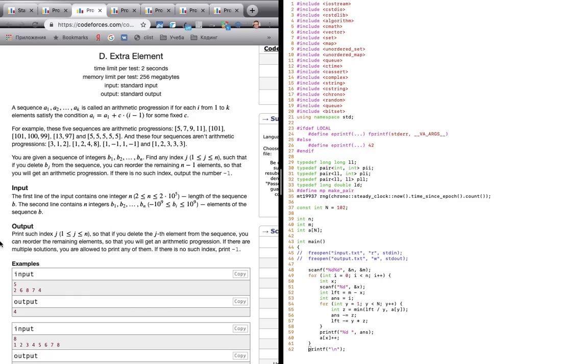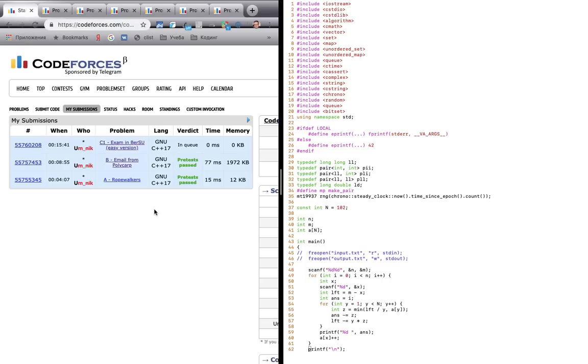We can calculate all the differences beforehand, and then when we remove one element, we remove two differences, if it wasn't the first or the last element, and add one new difference. After all these actions, we should check if all the differences are exactly the same.